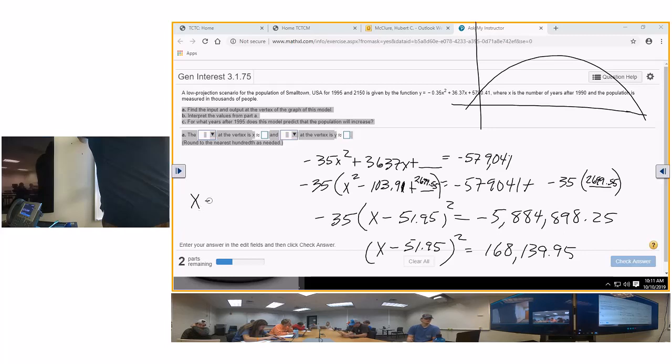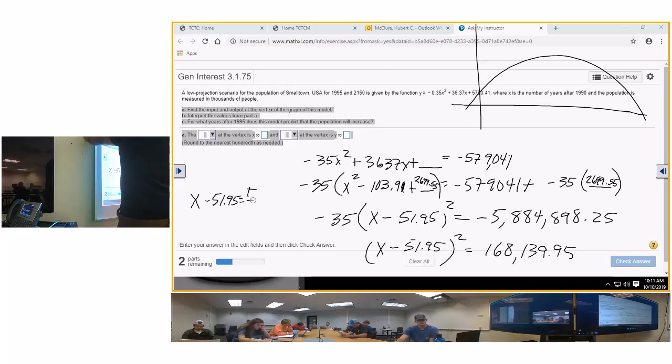X minus 51.95 is equal to positive or negative the square root of 168,939.95. 410.04. X is equal to positive or negative 410.04 plus 51.95.